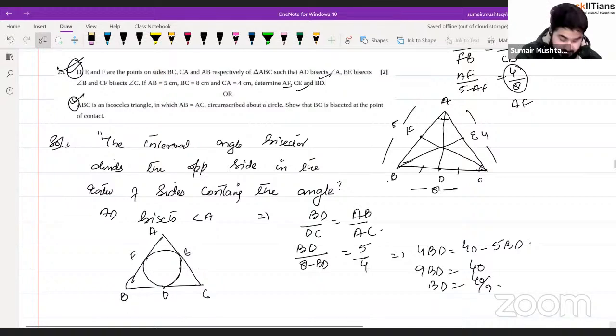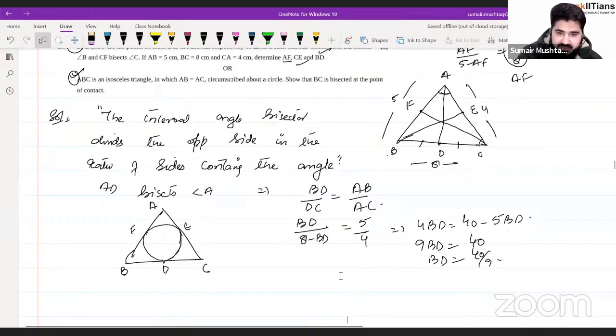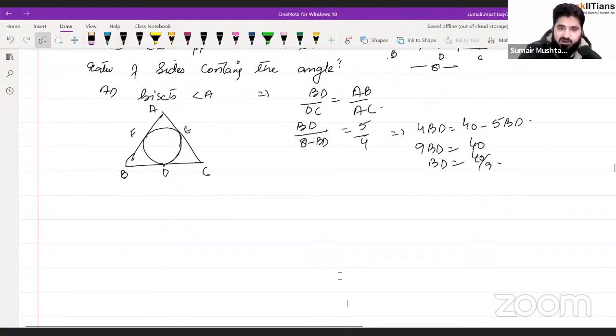First of all, wait. I will tell you. I think most of you are scared of this, that I need to prove something. See, first of all, I will say AB is equal to AC, because that is given. Now, AF is the tangent from the outer side.